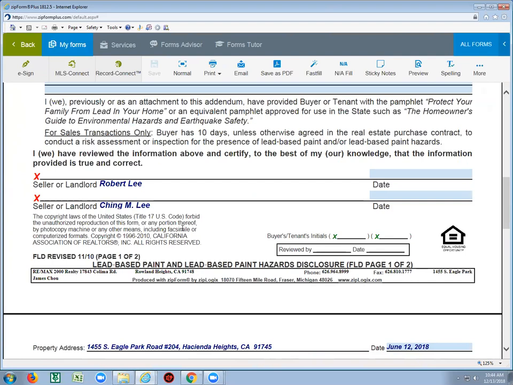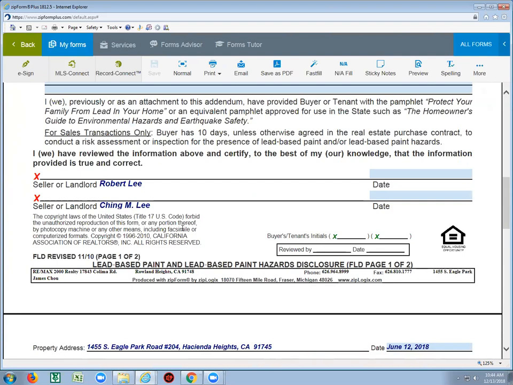After acceptance, we only have 10 days to do the inspection on lead-based paint. Right here. That's why most listing agents may use this as a guideline and tell you to finish all the inspections within 10 days, because it is mentioned in this area.